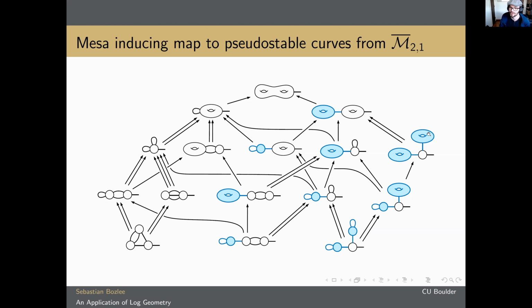So if we mark this one, we also need to mark that one. Then you can go through and check exhaustively, I don't know a better way to do it yet, that this really does define a mesa that's consistent in the way that we asked it to be. Okay, so in the contracted families, each of these elliptic curves will be replaced by a cusp.